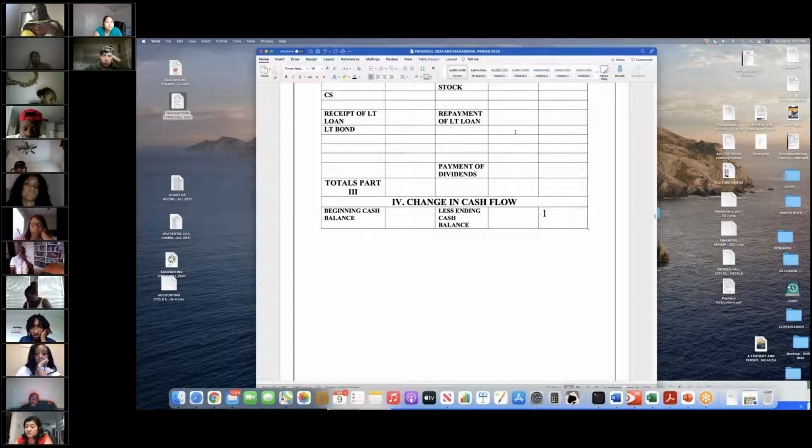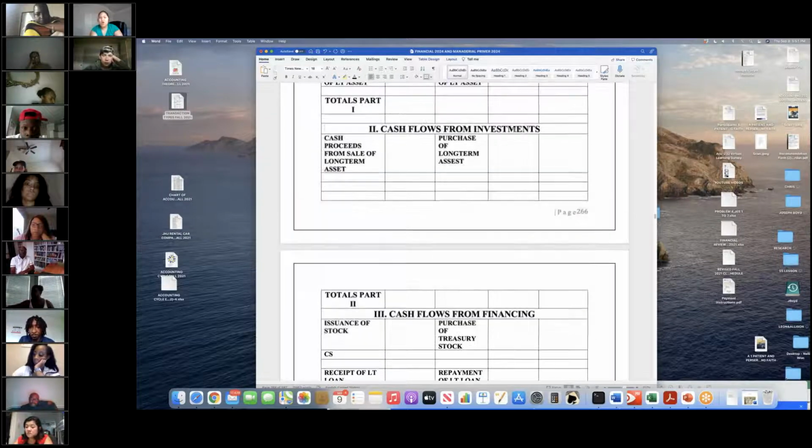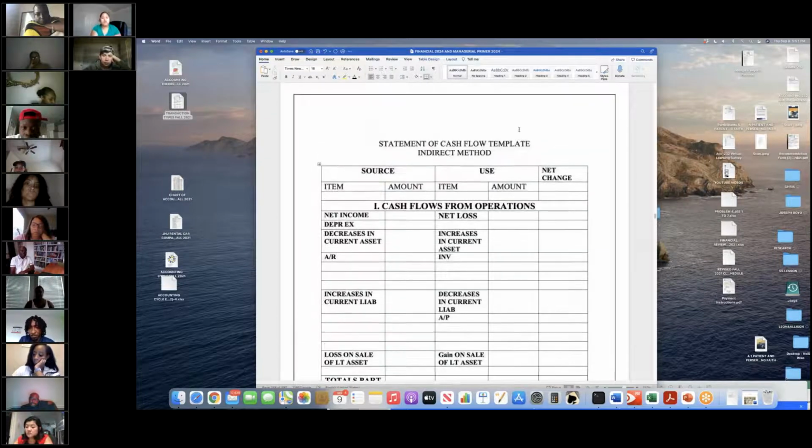So that's always the first thing I want you to do in preparing a statement of cash flow. Put the cash in. The second thing I want you to do is to go to the income statement and put in the net income or the net loss. You won't have both of those. That's the second thing I want you to do when you prepare a statement of cash flow.